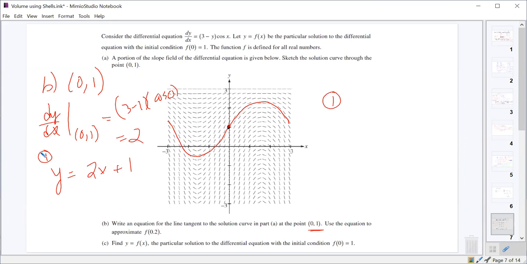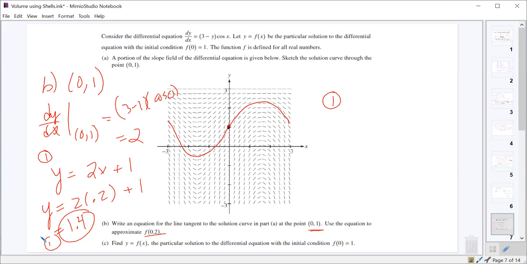1 point for that. And then approximate f of 0.2. 2 times 0.2 plus 1. Looks like that's 1.4. And that's another point.